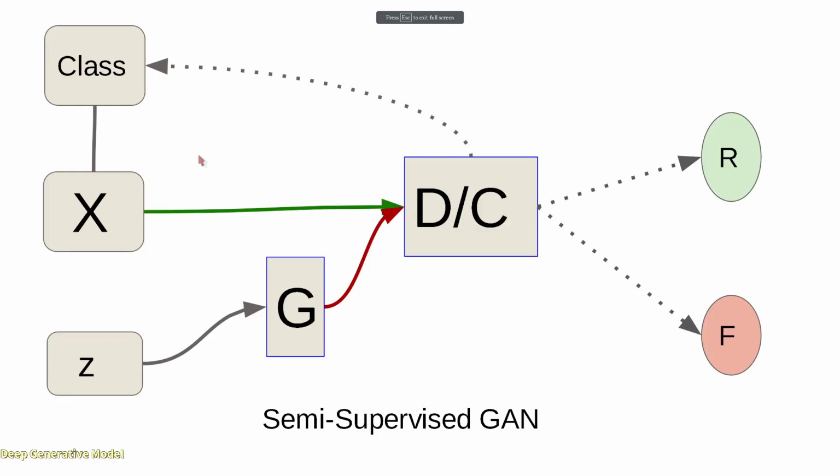Okay, so another interesting use of this class labeling is semi-supervised GAN. So in this case, instead of training a conditional GAN generator, we are using this label for another purpose.